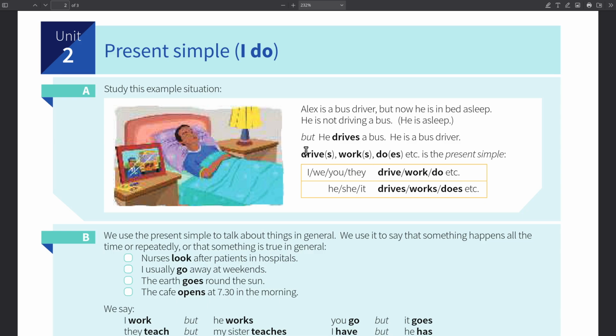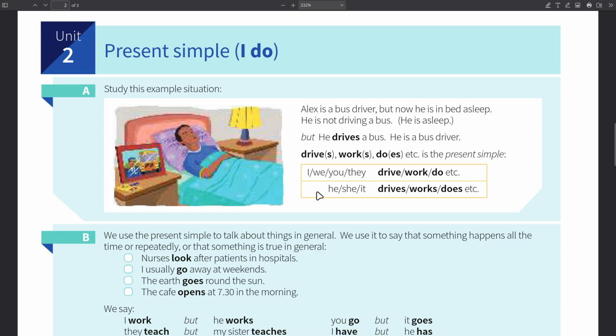But when we want to use it for third person, for example, a subject like he, she, and it, we have to add an s at the end of the base form of the verb. Like for example, drives, or works, or in this case, does.